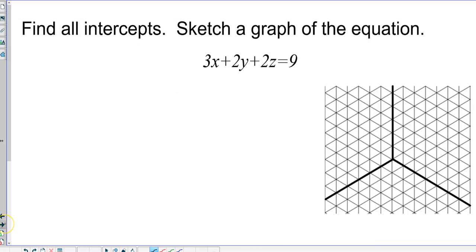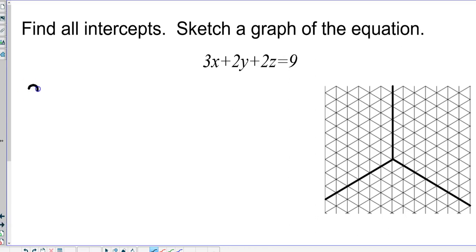Okay. Let's try this last example. It says find all intercepts and then sketch a graph of the equation. The way I like to do this is to go x, then y, then z. So if I want the x-intercept, like if I'm thinking two-dimensionally, then y has to be 0. Do you agree with that? So now both y and z have to be 0.